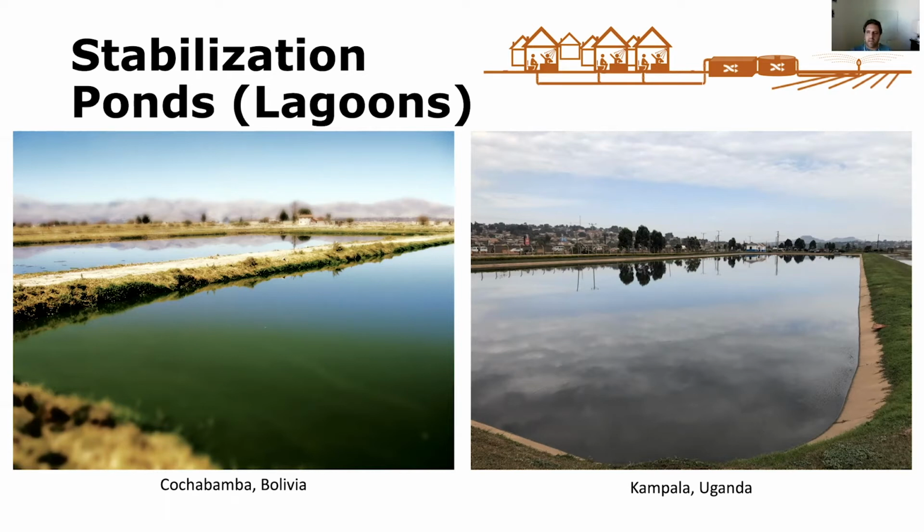You get some of that same activity in stabilization ponds, only it happens a lot slower because we're relying on the algae to pump oxygen into the wastewater. Oxygen will also diffuse into the wastewater just based on the large surface area and the fact that oxygen is present in the atmosphere. All right, so there's two examples of stabilization pond systems.